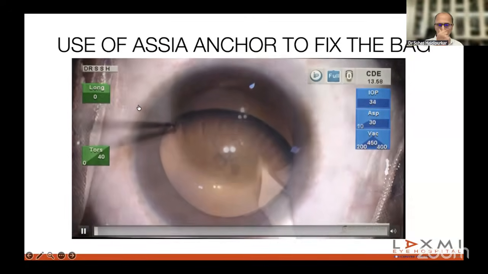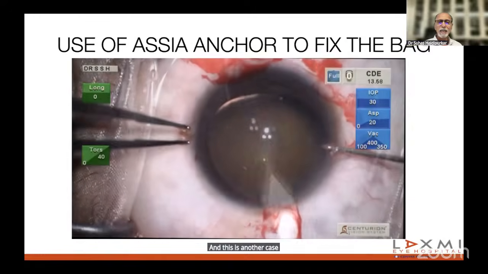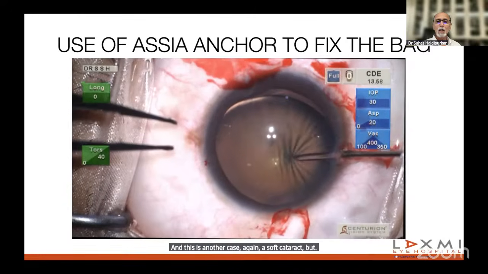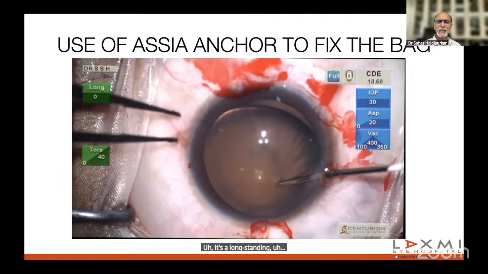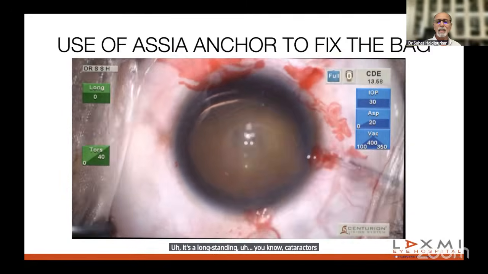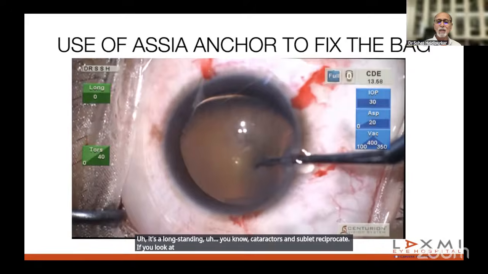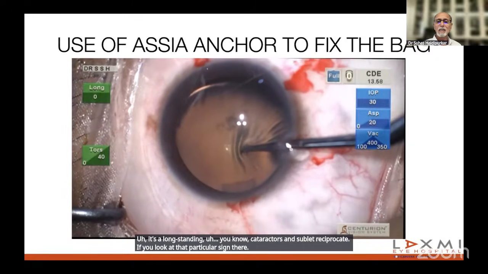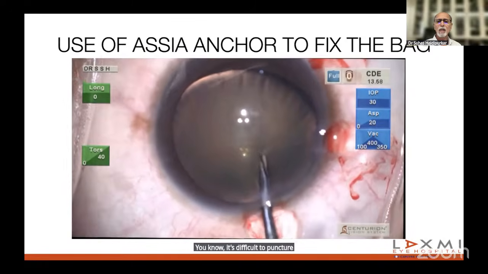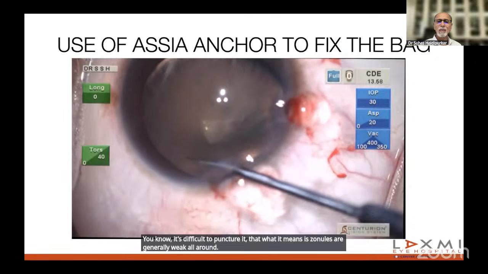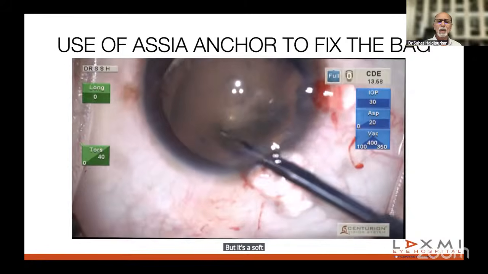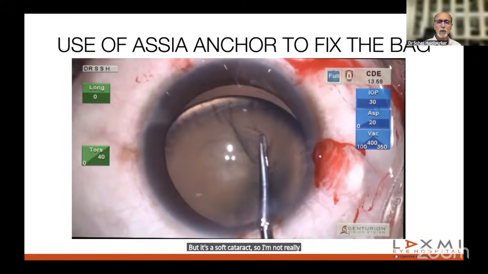And this is another case, again a soft cataract, but a long-standing cataract and subluxated. If you look at that particular sign there, it's difficult to puncture it. What it means is the zonules are generally weak all around. But it's a soft cataract, so I'm not really worried much about the nucleus part.